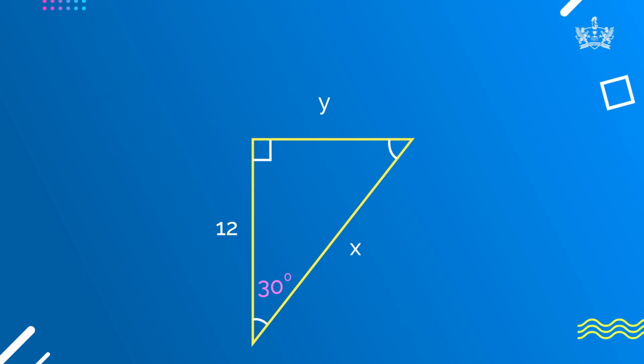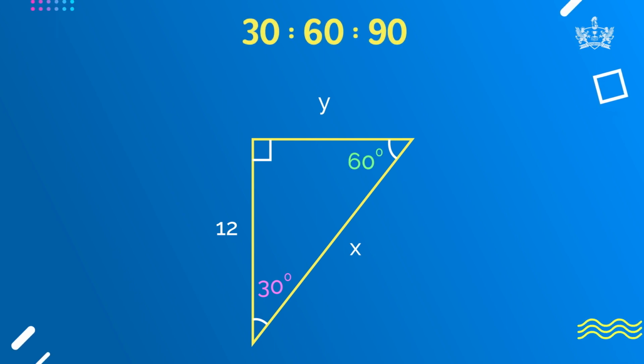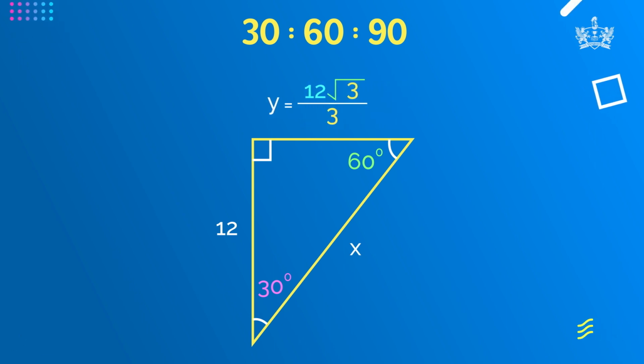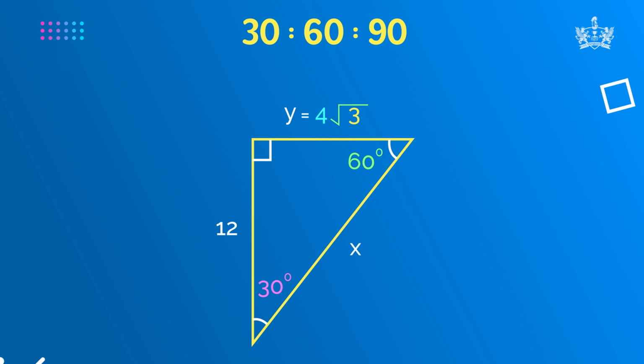Did you get it? First, you should have recognized that it's a 30, 60, 90 right triangle and that they gave you the side opposite the 60-degree first, which means the smallest side is just 12 divided by root 3, or 12 times root 3 over 3. 12 over 3 comes out to be 4, and you're left with 4 times root 3 as the side length of y.